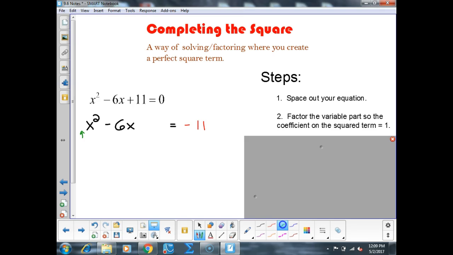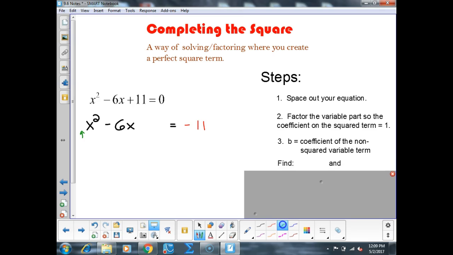Then, in step 3, I find two things. B is going to be my number right there, the coefficient on the non-squared variable. What I need to find is B divided by 2, and B divided by 2 squared.